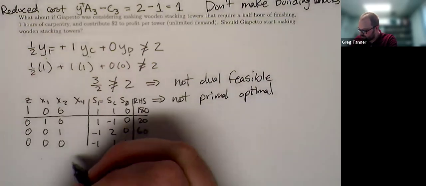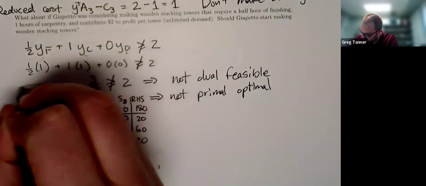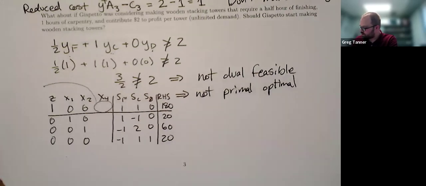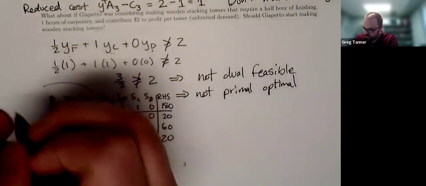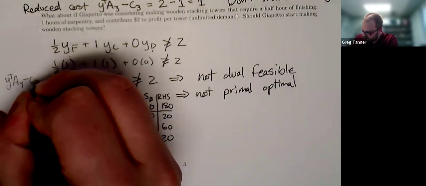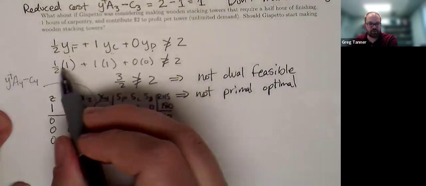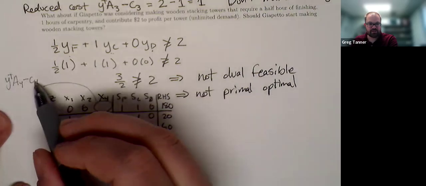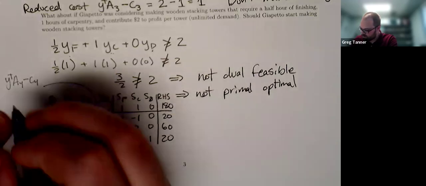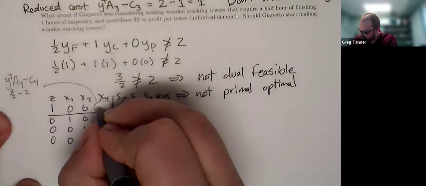So what I need to fill in here is the reduced cost for X4, which is y transpose A4 minus C4. Y transpose A4 is what we got from computing this side, so that's 3/2. C4 is this 2, so essentially we're moving that to the other side. And 3/2 minus 2 gives us -1/2.